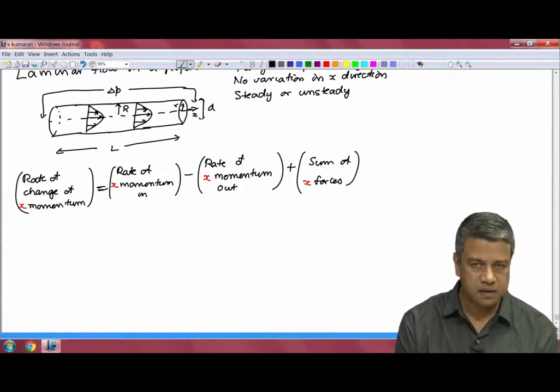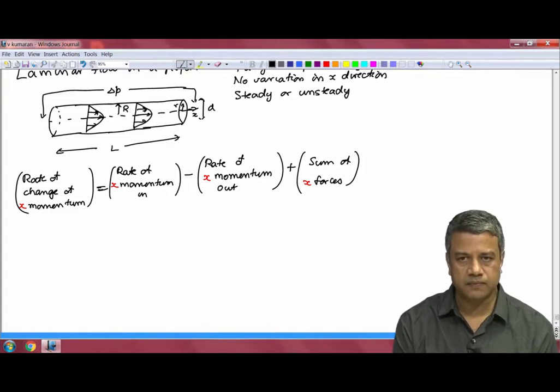Therefore, we have to construct a volume which has two surfaces in the r direction and two surfaces in the x direction.